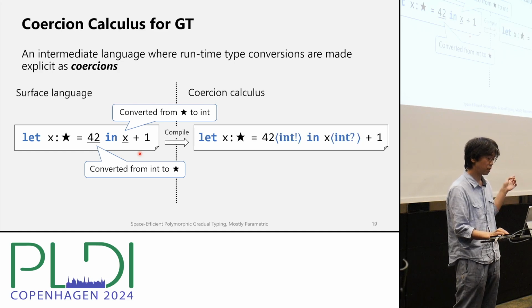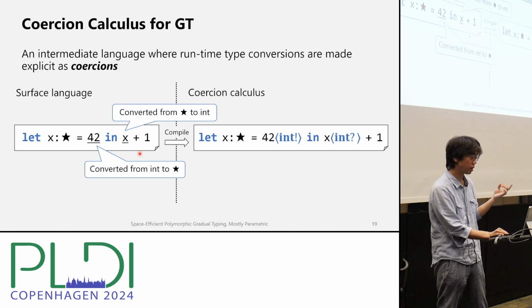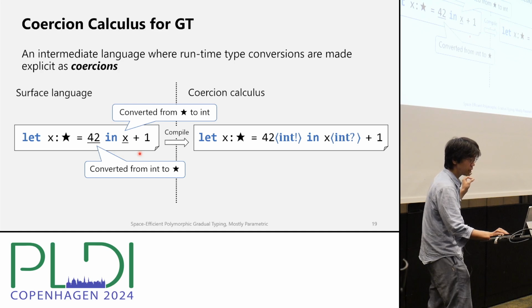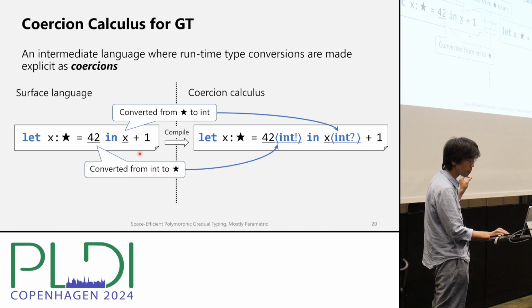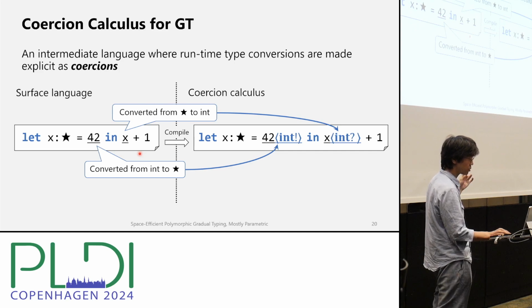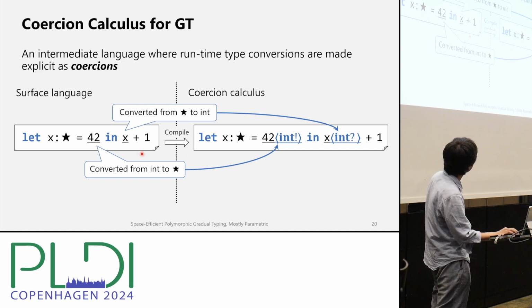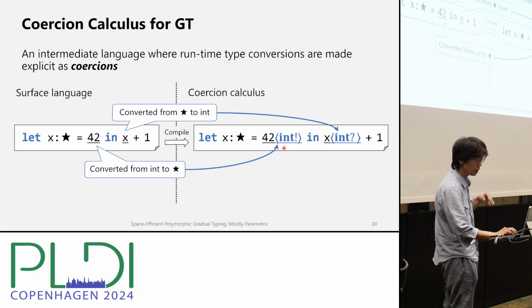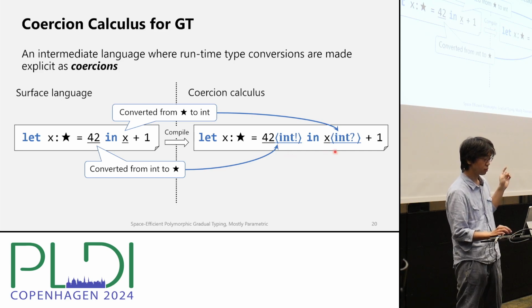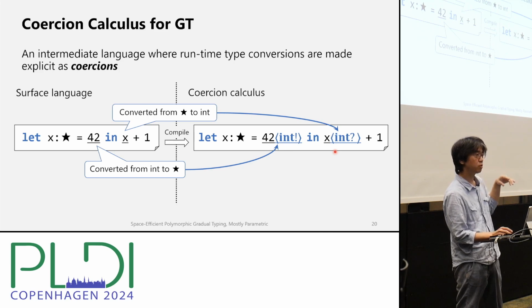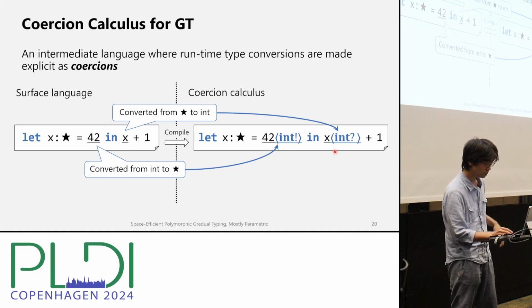And this program is represented in coercion calculus like this. So here are two coercions. One comes from the conversion from int into star, and this coercion we call the injection coercion. And the second coercion is int question. It comes from the conversion from star to a static type.